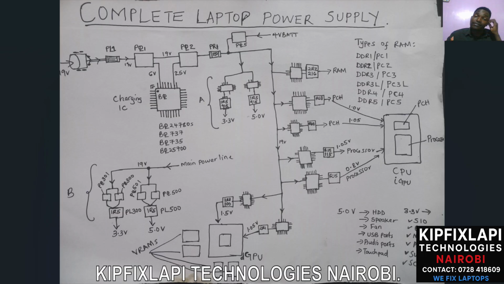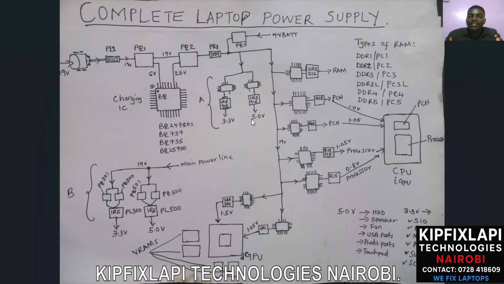Then, as you can see, this inductor here is written 1R5 915. This inductor also is written 1R5 915. What does that mean? It means these two circuits are related in one way or the other. They are family; they are called a family of 3 and 5.